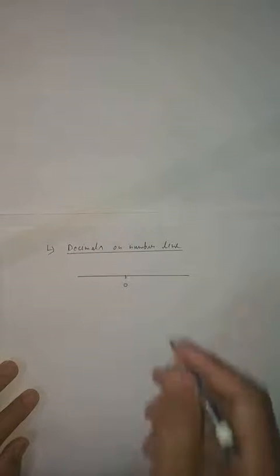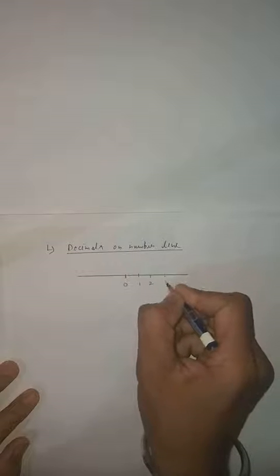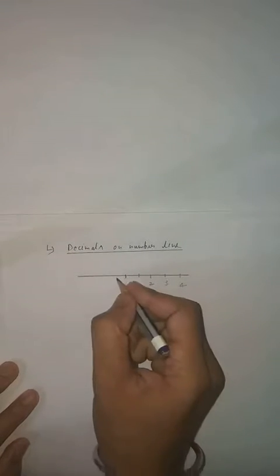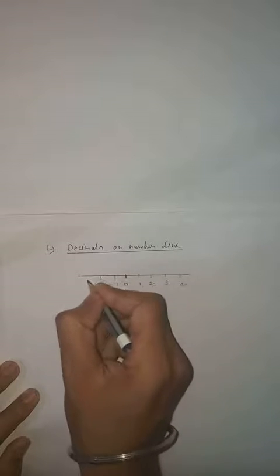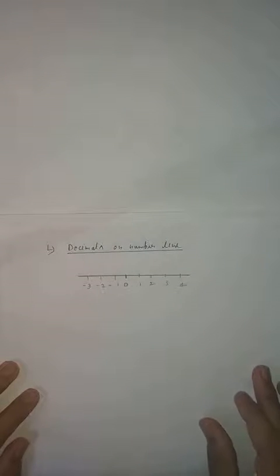This you know very well. So here 1, 2, 3, 4 and so on. Clear, students? And here on the left hand side there should be -1, -2, -3. So this is your number line.